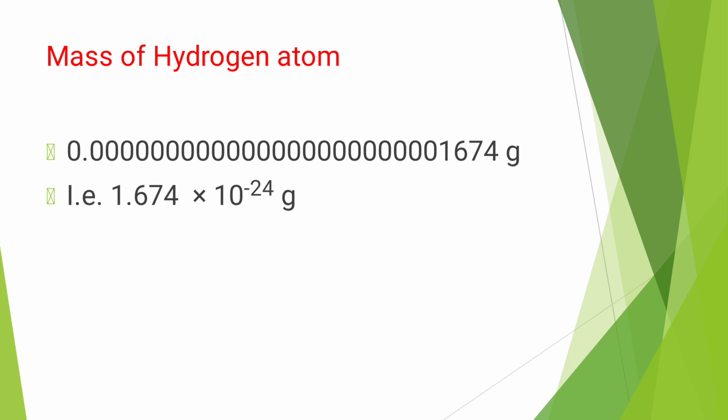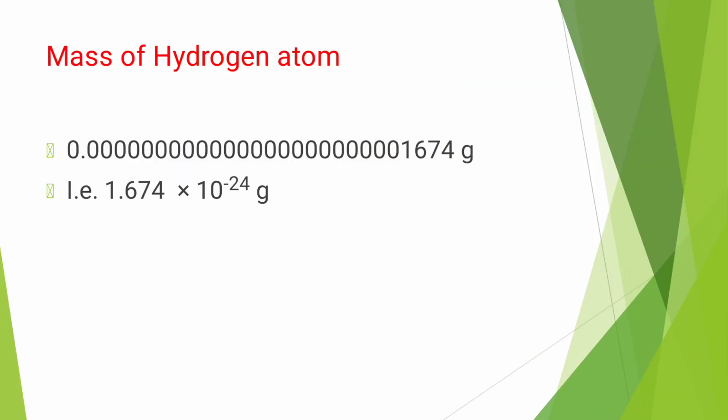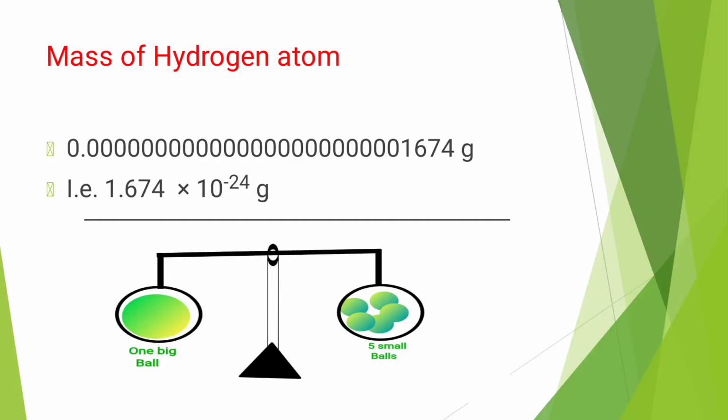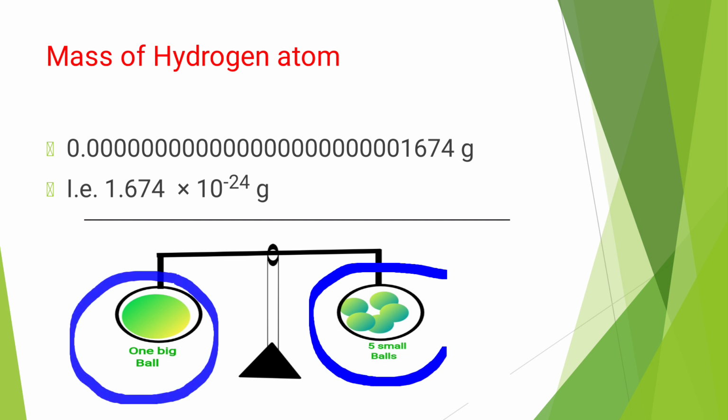So instead of using these units, scientists devised a way to simplify the calculations by inventing the relative atomic mass. How it works, we look at this analogy here, whereby we have one big mass that is balanced by 5 smaller masses.